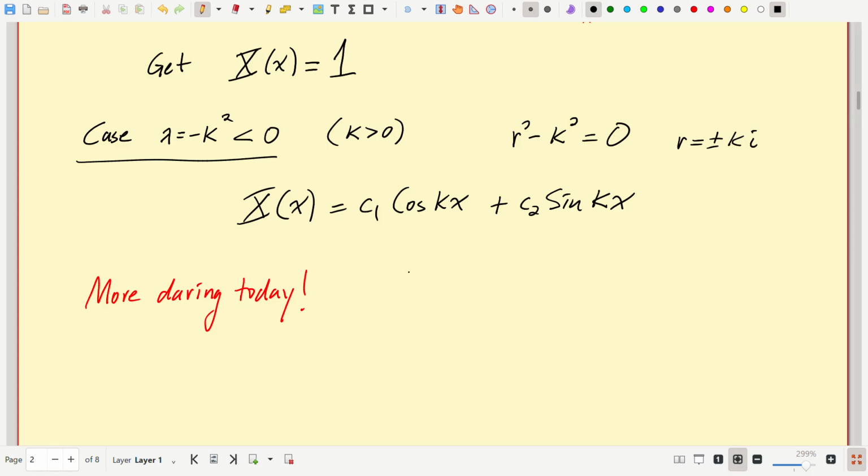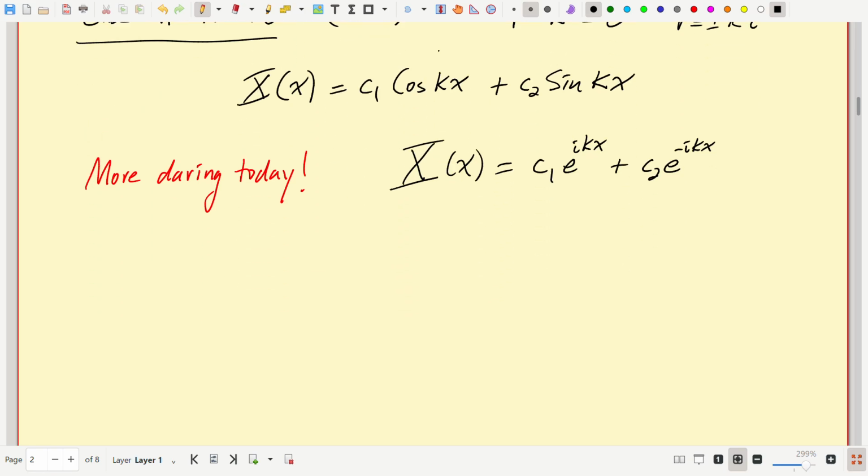Let's take the complex version. X of x equals c1 e to the i kx plus c2 e to the minus i kx. Those are bounded and wiggling. And that's going to be okay.